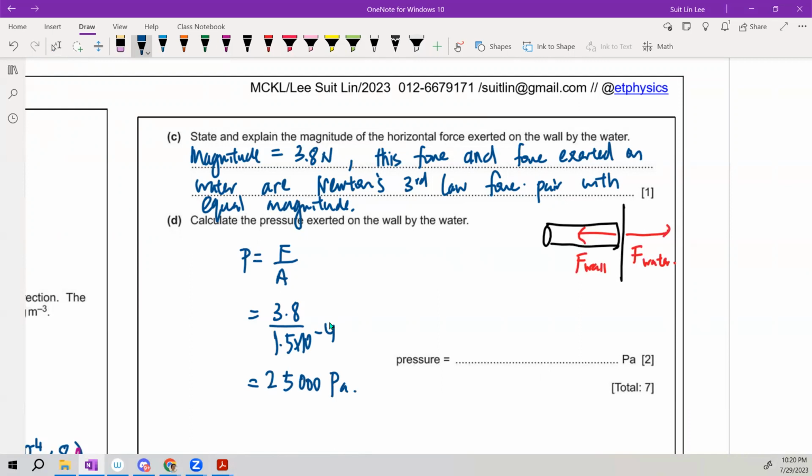I want to put 25333 also can, but I am just going to stick to SF. Or even better, writing this in prefix.